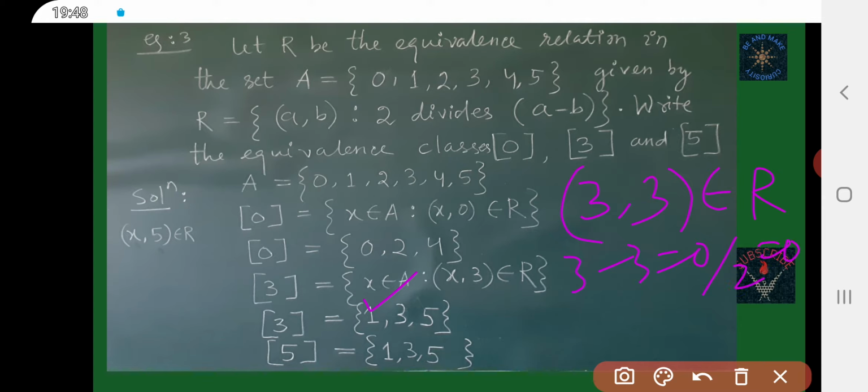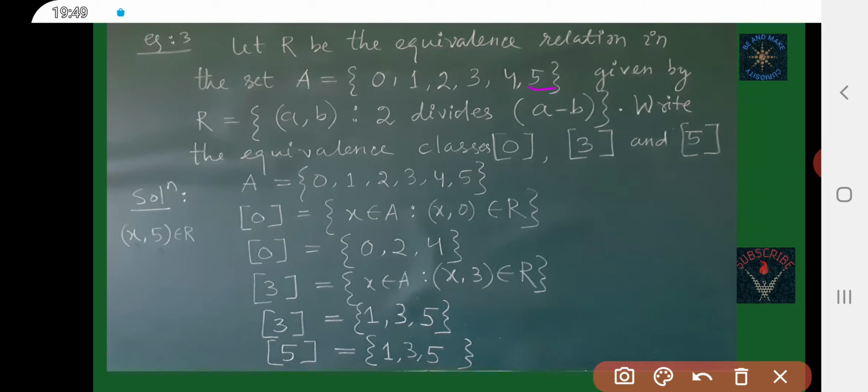So 3 is related to 3, so you can take 3 also. Now you take (4, 3), which does not belong to R, because 4 minus 3 equals 1, which is not divisible by 2.